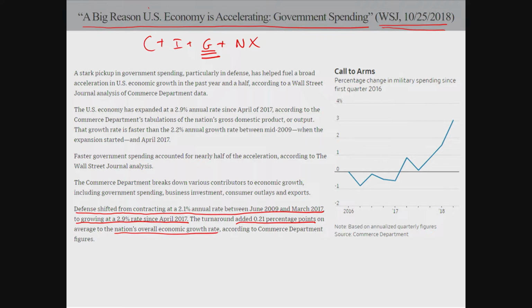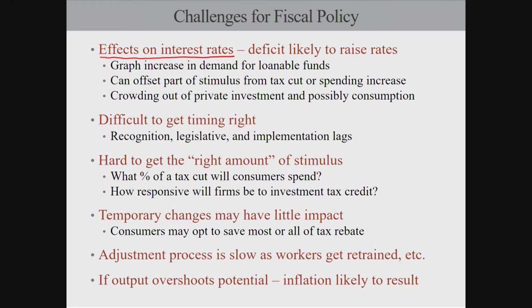There's a potential cost associated with this, though, which is that if we raise spending too much and it increases the deficit, an increase in the deficit is likely to raise interest rates. So all else equal, if we go from, let's say, a $500 billion deficit to a $900 billion deficit, that basically represents a shift in the demand for loanable funds.